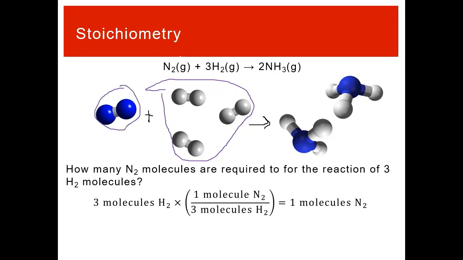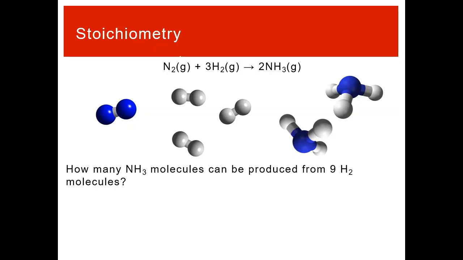And we can formally treat that by using, again, the coefficients, where we can see the 3 right there becomes the 3 right here, and the 1 right here is there's an implied 1 in front of that. So we're using those coefficients, and we're counting individual molecules, right? Remember, these coefficients come from balancing equations where we were counting atoms inside of molecules. And so we're still in this world of counting.